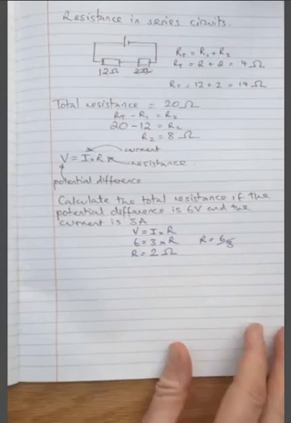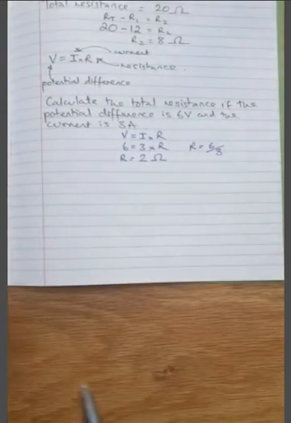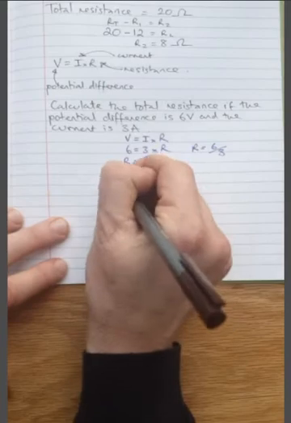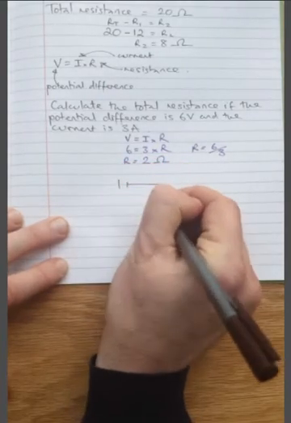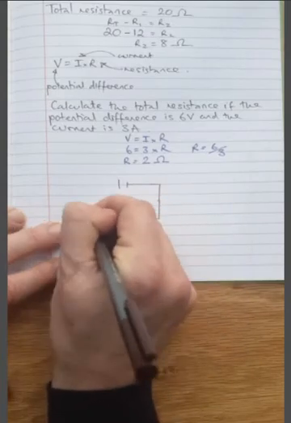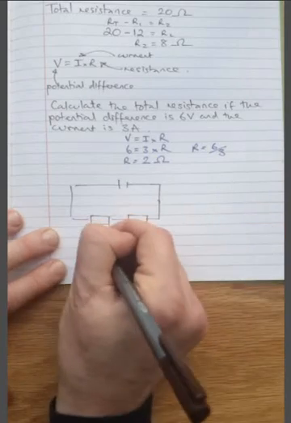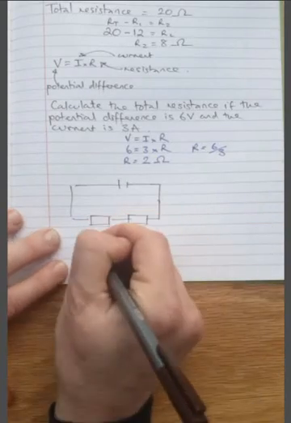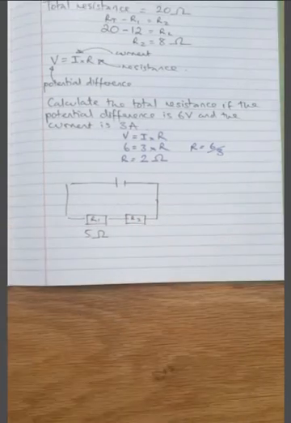So I'm going to give you one more task to do for this. I'm going to ask you to again draw a circuit. It's similar to the one I've just used. 2 resistors in series. A resistance on R1 of 5 ohms.